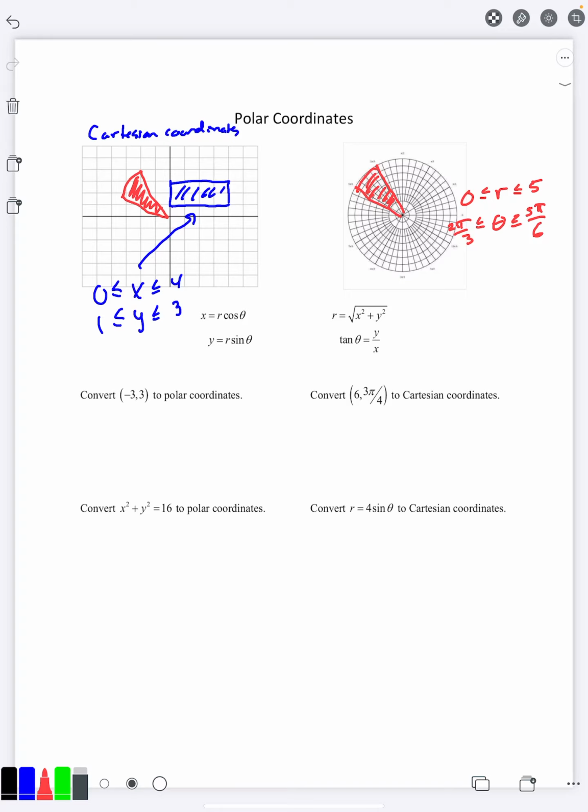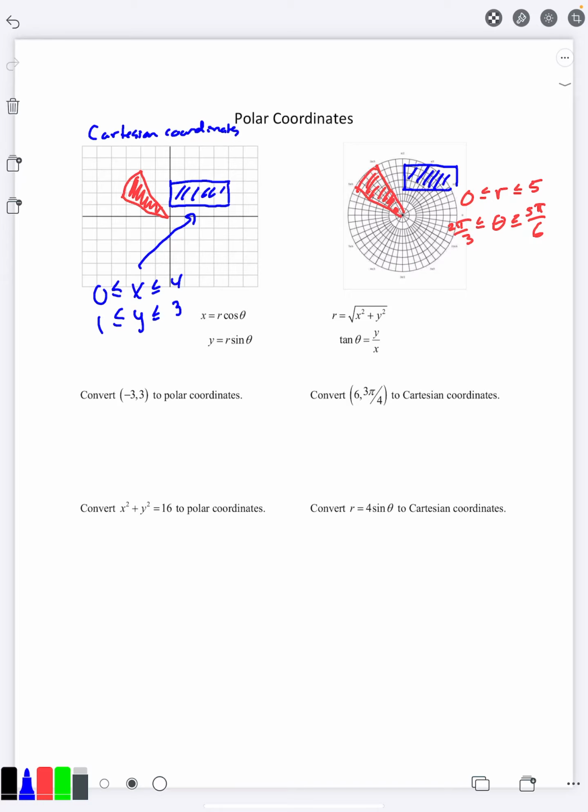And that simple description would describe that weird part of a circle there. On the other hand, if you tried to draw a rectangle in polar coordinates, that would be incredibly difficult to describe using r and theta, but would be really easy to describe using x and y.